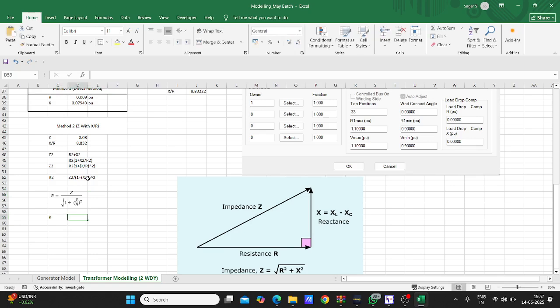So your R is equal to Z divided by square root of 1 plus X by R, the whole square, then close the bracket. A minute difference is there, right? It's not taking properly.